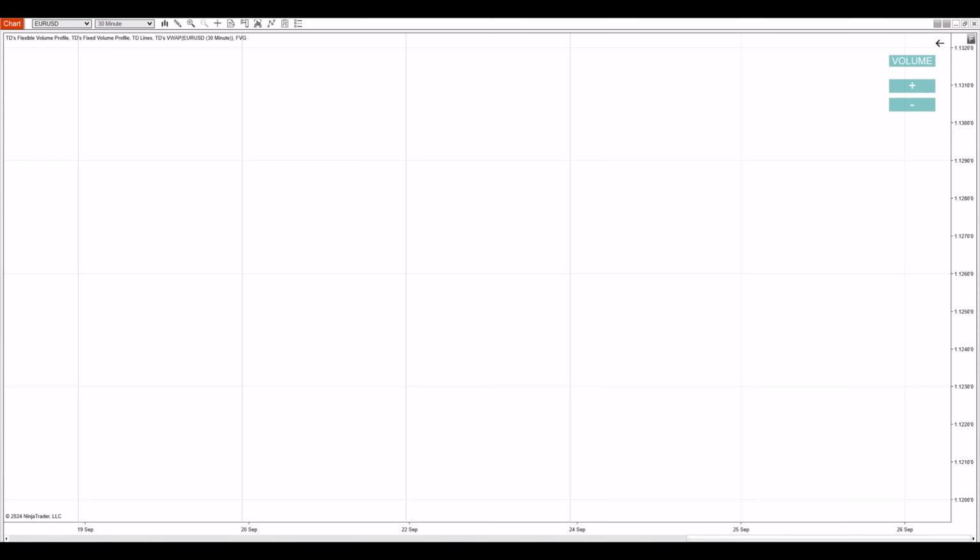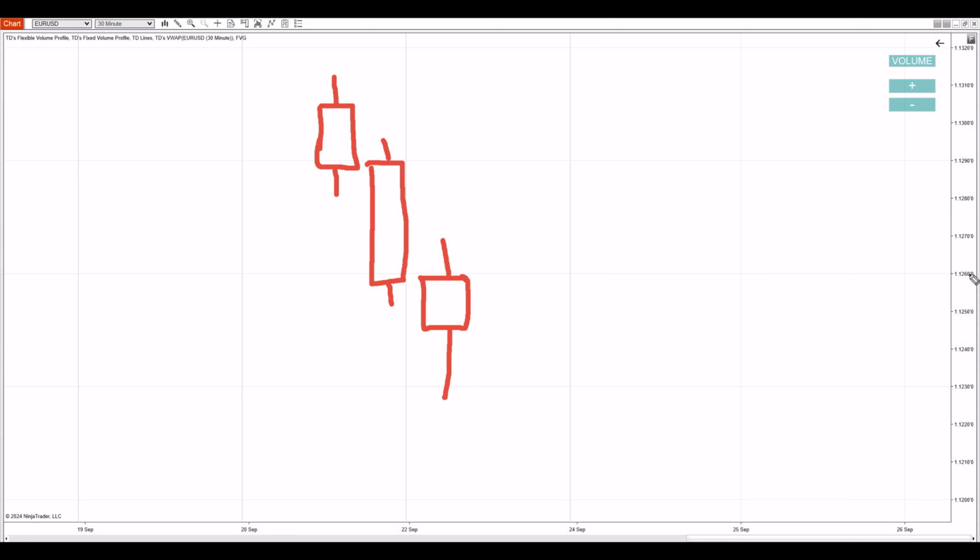Now let me draw the bearish scenario. It is the same, only reversed. This is candle number 1, this is candle number 2, and this is candle number 3. Okay, 1, 2, 3. Now, because the low of the first candle and the high of the third candle don't overlap, then the space between is a fair value gap.